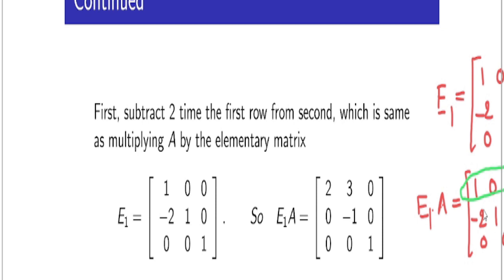Then we get E1 A equal to the matrix [2 3 0; 0 -1 0; 0 0 1].